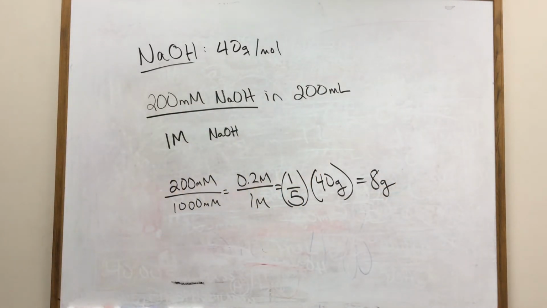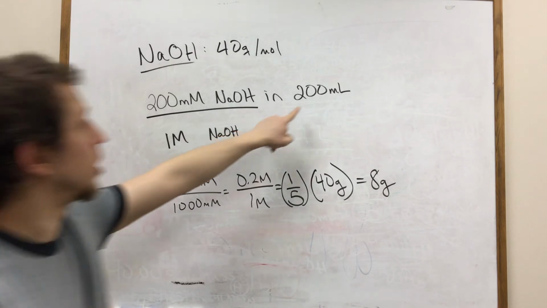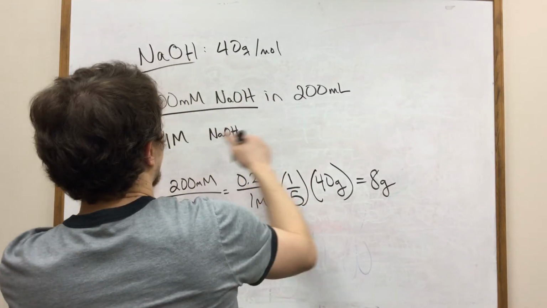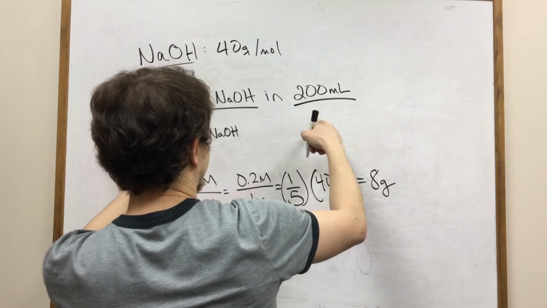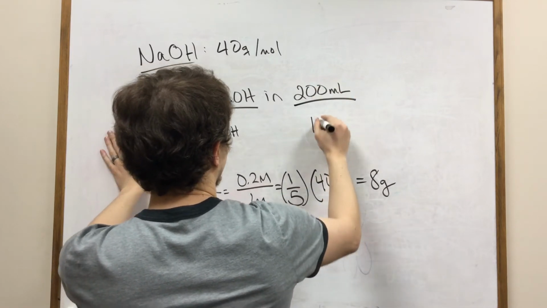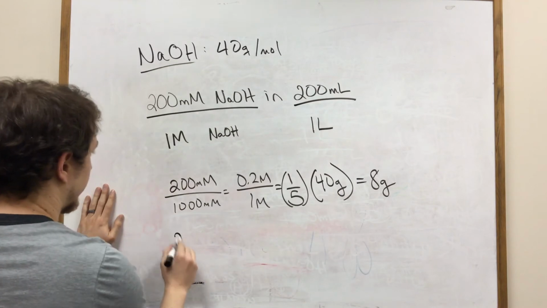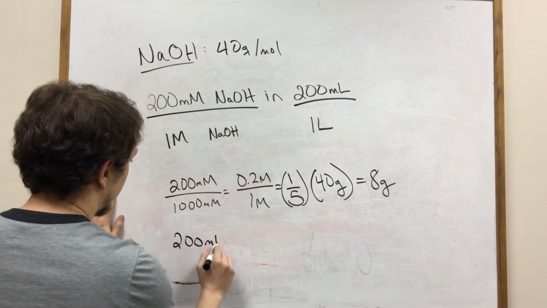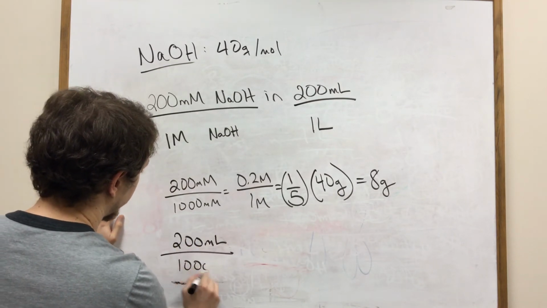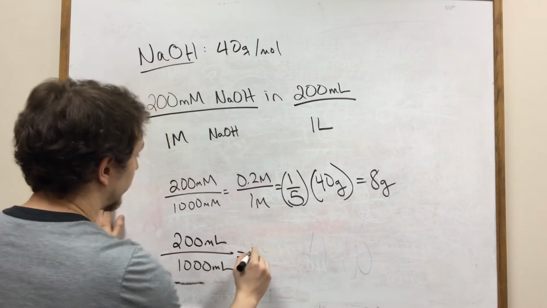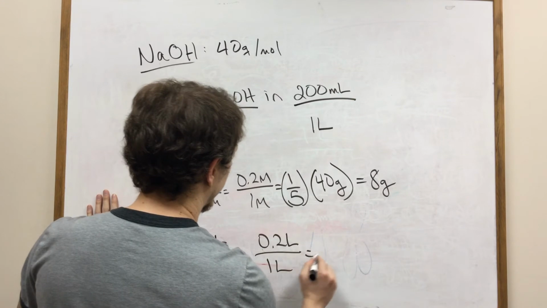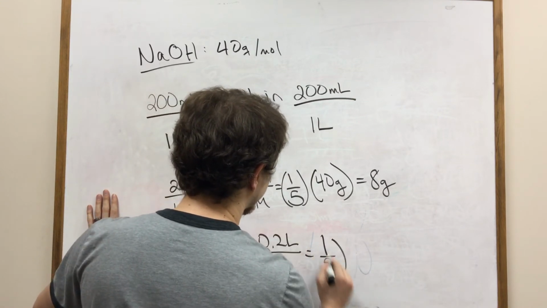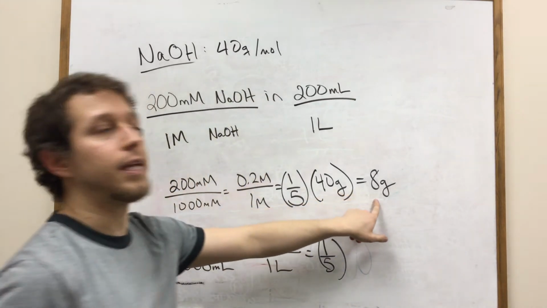Now, I need to look at this, because instead of making a 200 millimolar solution in a liter, I'm actually now making it in 200 milliliters. And so again, I'm going to take 200 milliliters over 1,000 milliliters, or I can also put 0.2 liters over 1 liter. In either case, that's going to be a fifth, but this fifth isn't of 40, it's of the 8 grams.